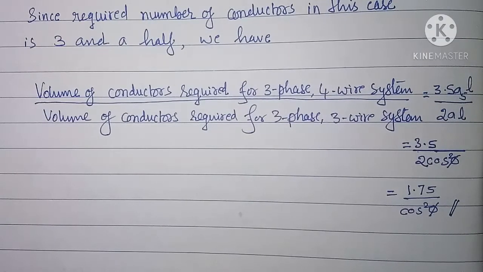When you learn machines 2 subject, there you will come to know that a polyphase machine will generate energy with higher efficiency compared to the generation of same energy by a single phase machine. And also it is convenient to handle the polyphase energy.